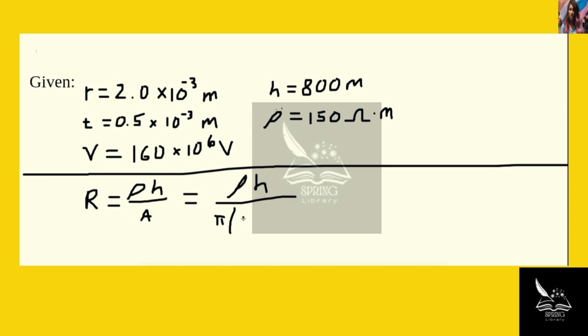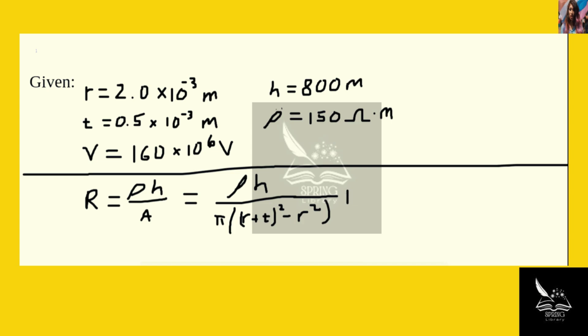But the radius of the water is the radius of the string plus the thickness of the water squared minus the radius of the string squared, because we're just considering the water here.